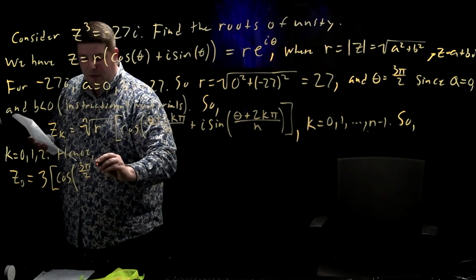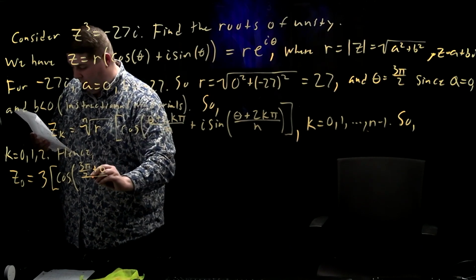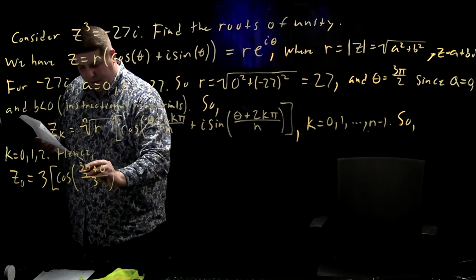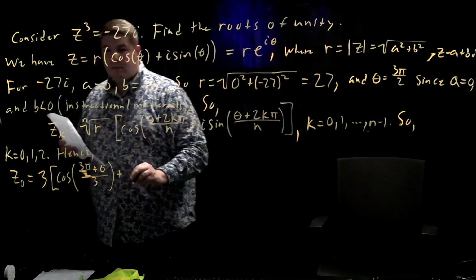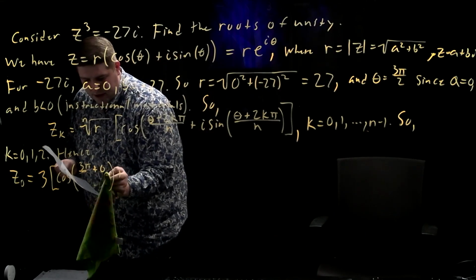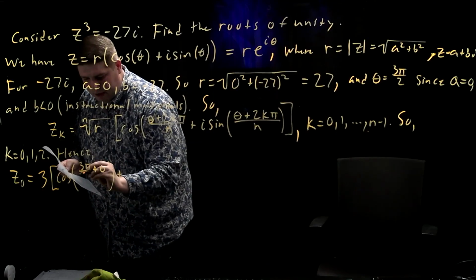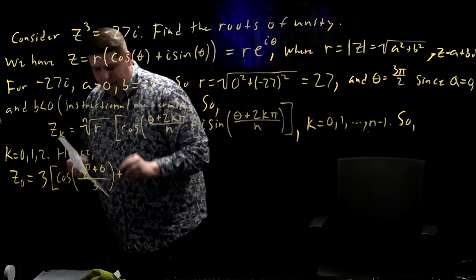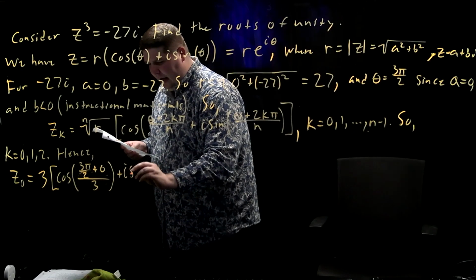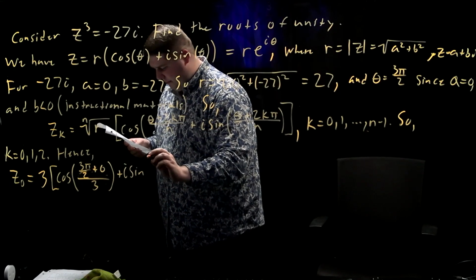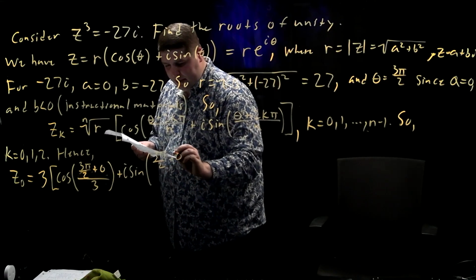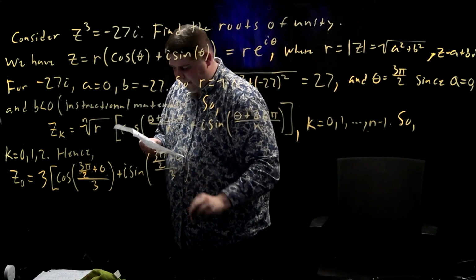Well, k is 0, so that's plus 0 over 3, plus i times the sine of 3 pi over 2 plus 0 over 3.